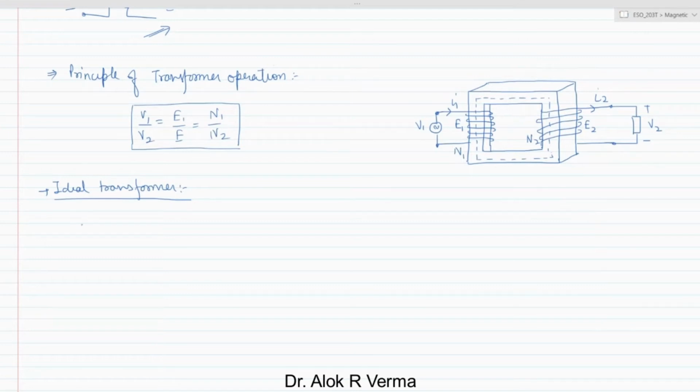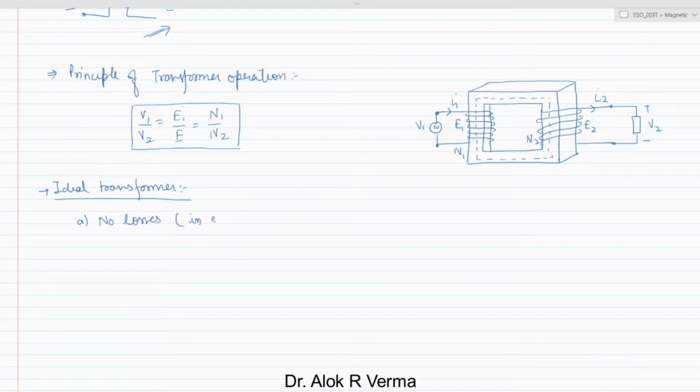So the condition for the ideal transformer is no losses in the electrical or magnetic circuit. So there are no losses. Coils are coupled, they share mutual reactance, voltage gets induced.